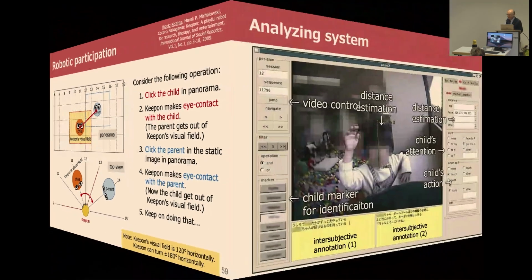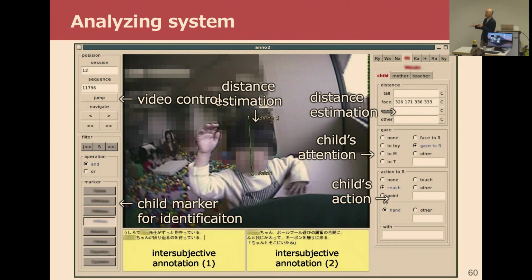Also, once we recorded tens of hours of video and brought them back to the lab, we did qualitative analysis on the video.